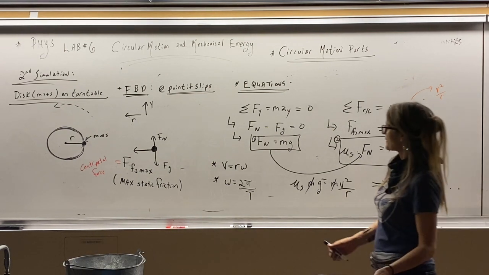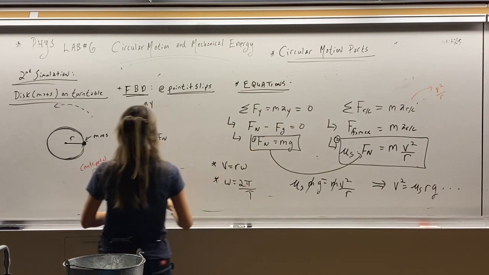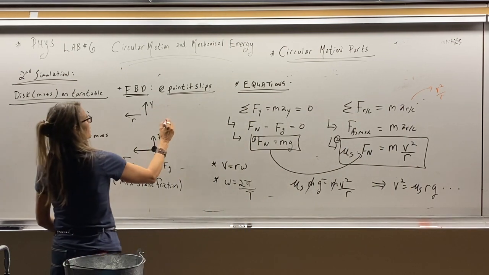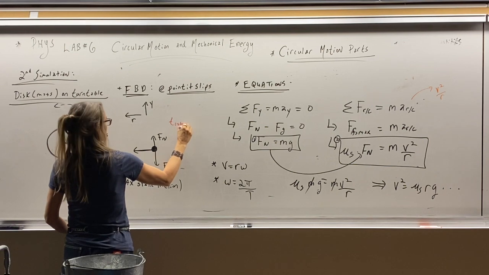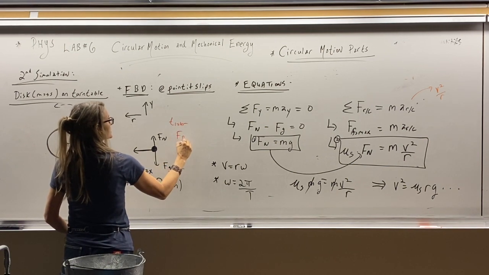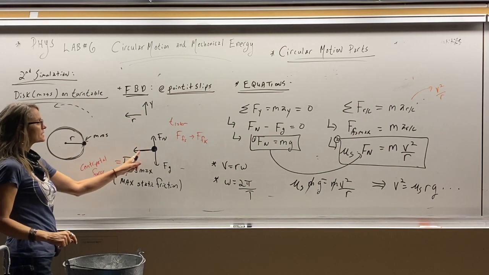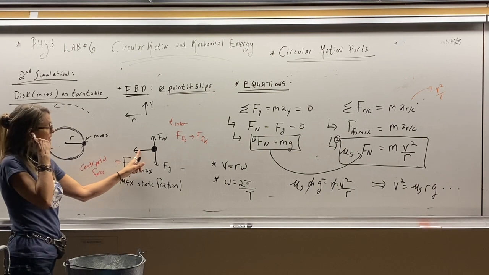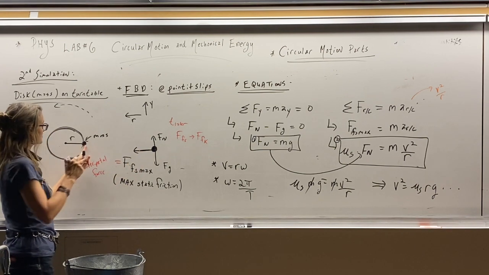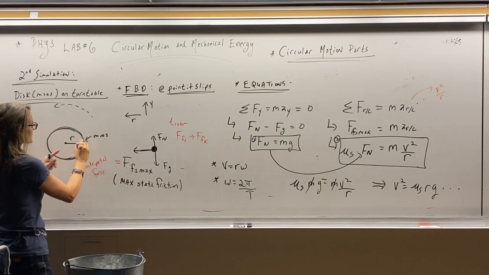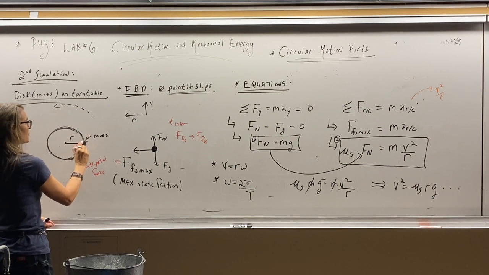Okay. So, and the other thing to note is that as soon as it slips, as this slides, t later, you're going to have Fs go into F kinetic friction. This is going to slip, and all of a sudden it's going to be lower. It's going to go to a lower value. It's going to slip right off, and of course, as this spins, it wants to go in a straight line.